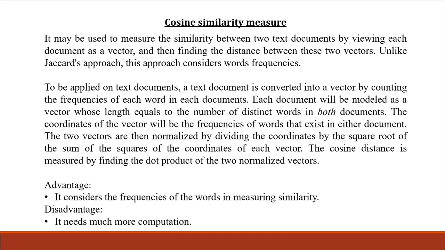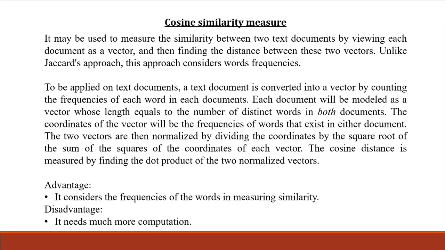It is applied on text documents, where a text document is converted into a vector by counting the frequencies of each word in each document. And each document will be modeled as a vector whose length equals the number of distinct words in both documents. The coordinates of the vector will be the frequencies of words that exist in either document.